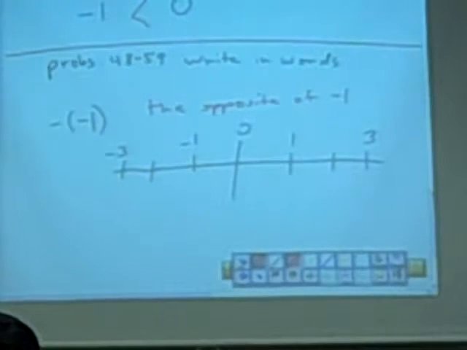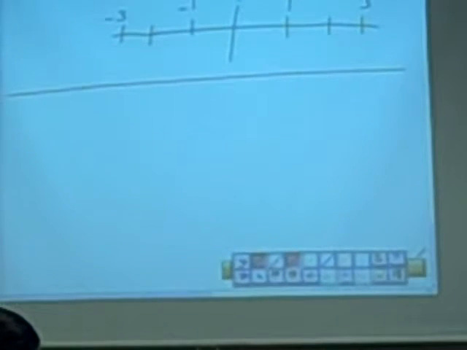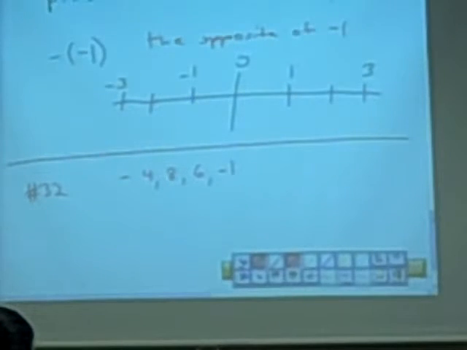So in problems 31 through 39, if we have a number such as 32, where we have negative 4, 8, 6, negative 1. Go ahead. Instead of writing a long sentence, we just put negative 1, like positive 1. Well, for the previous one, you mean? And we have to use those certain words.